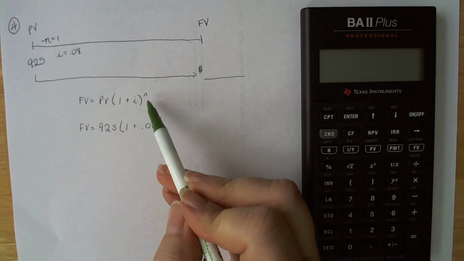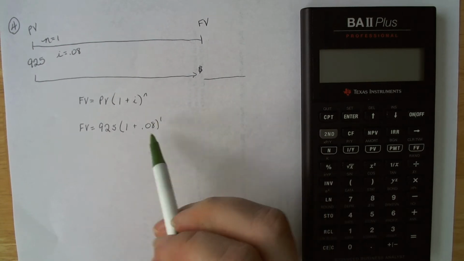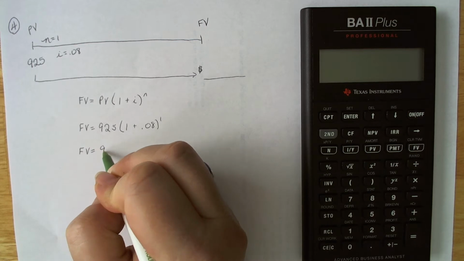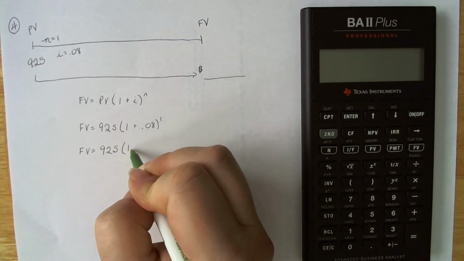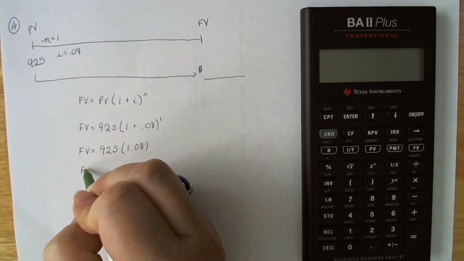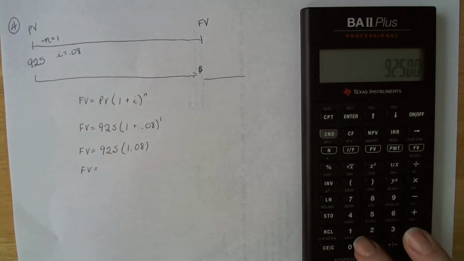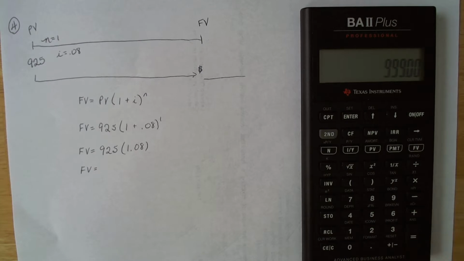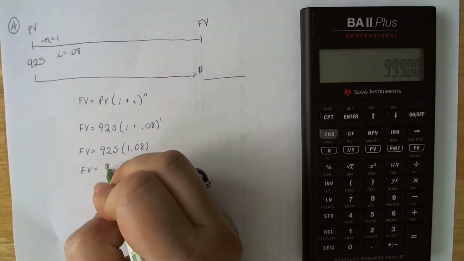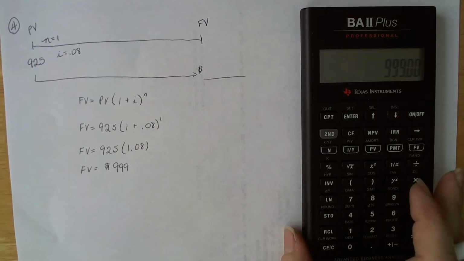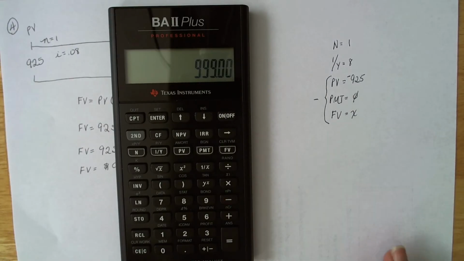And of course, when the exponent is a 1, it doesn't impact your answer in your parentheses. So this is going to be 925 times 1.08. And then when we yield to our calculators, that gives us an answer of $999.